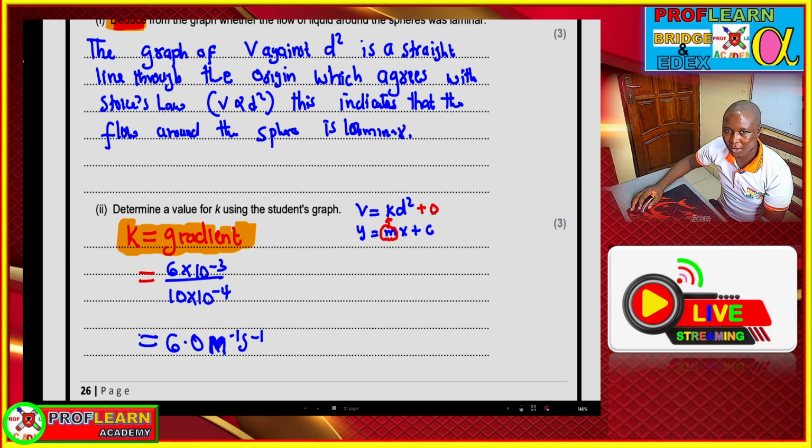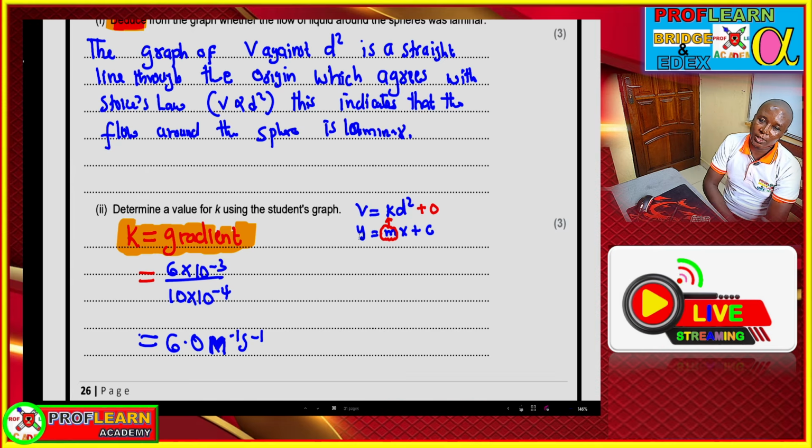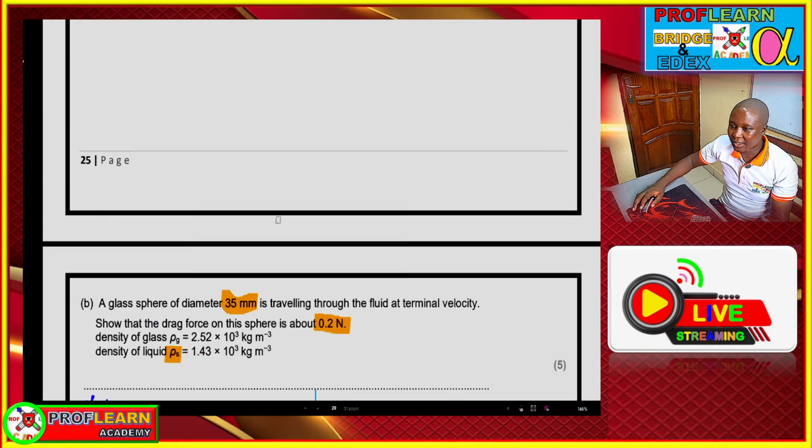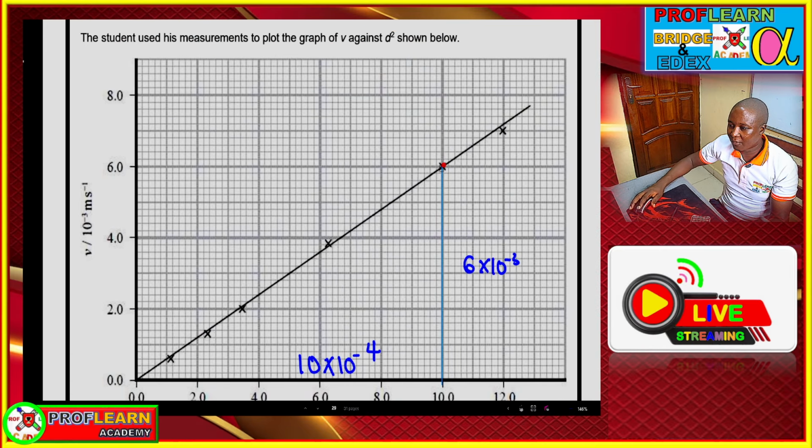So the y-intercept is 0, and this equation can be related to y equals mx plus c. In that way, k corresponds to the gradient here. So if you go back to the graph and work out the gradient, it will be equivalent to the value of k. And I just used this section of the graph here.